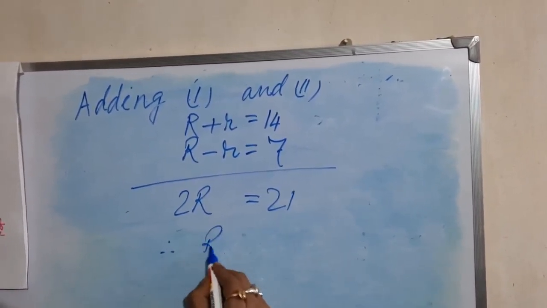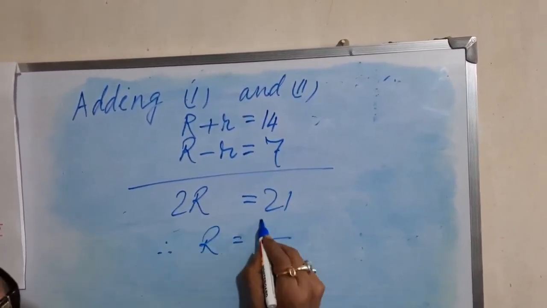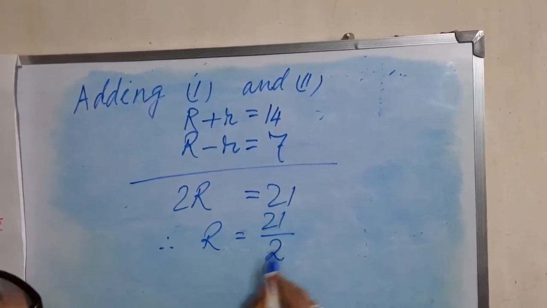Therefore, capital R is equal to 21 divided by 2.